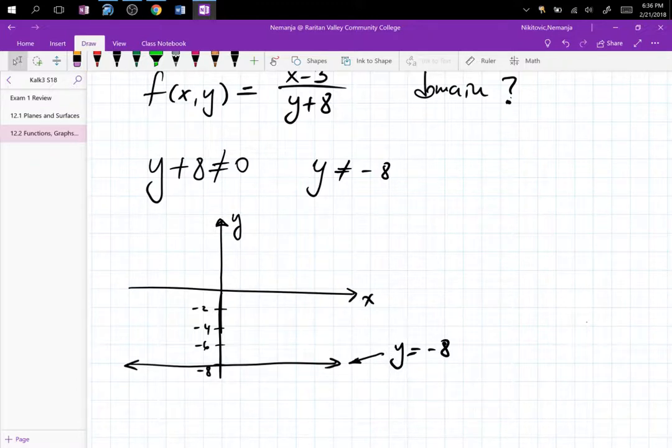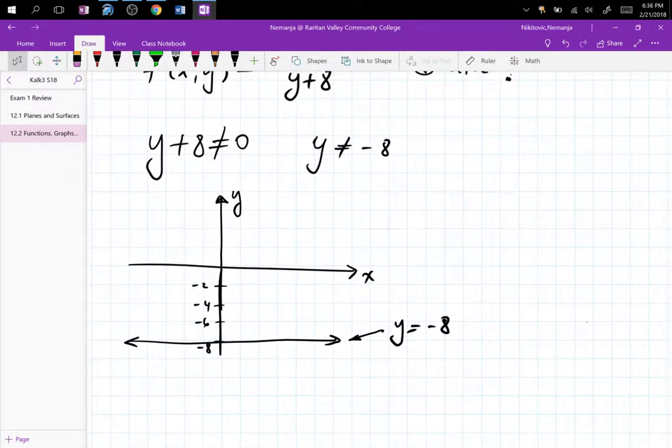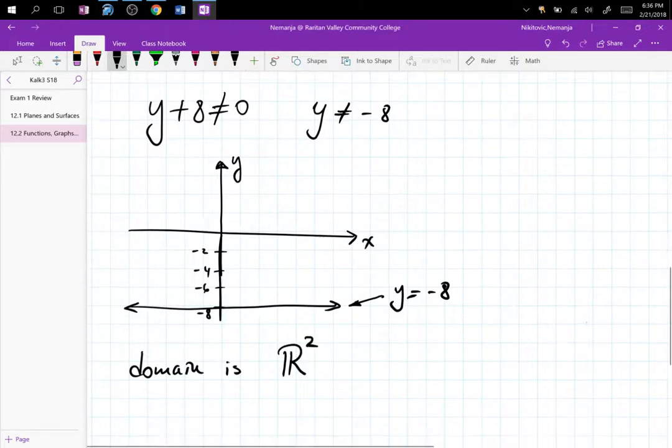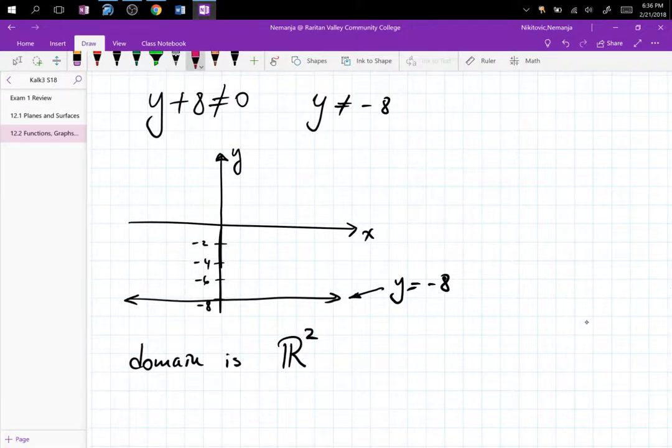So now you can write your domain like this. What is the domain? The domain is R squared. This notation, you've seen it before, stands for the entire xy plane, which means everything in xy.